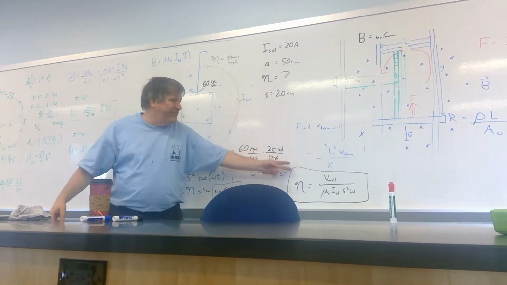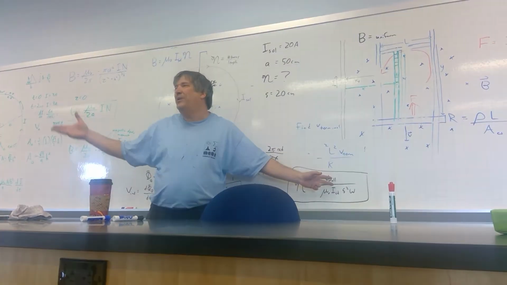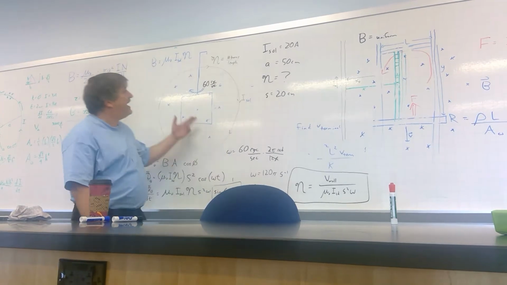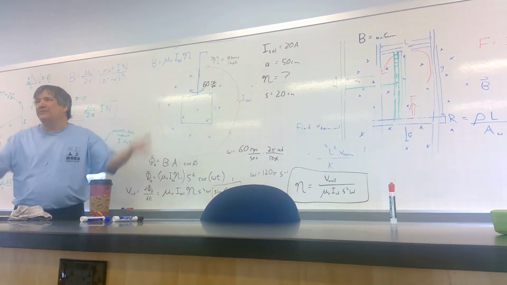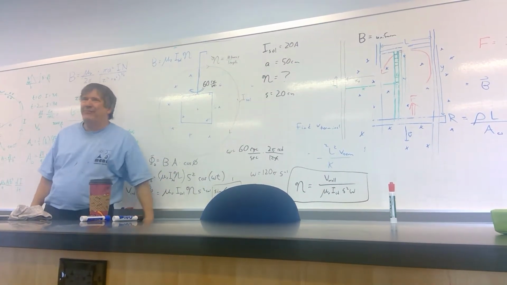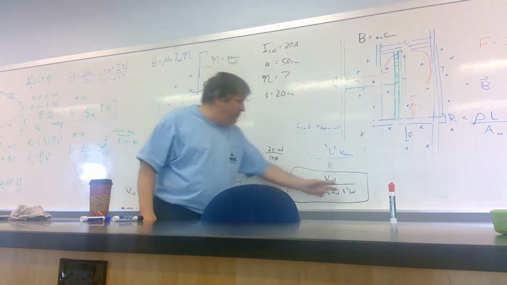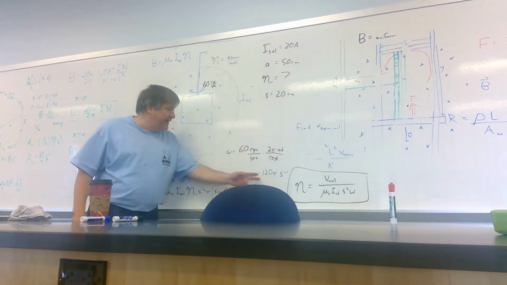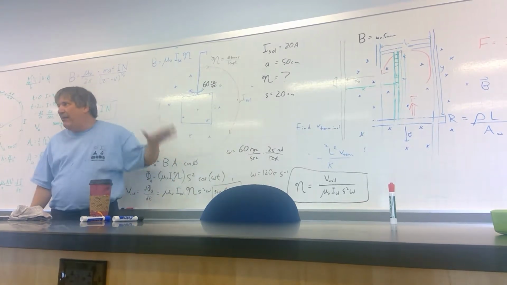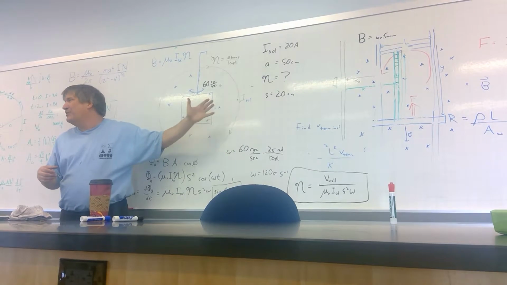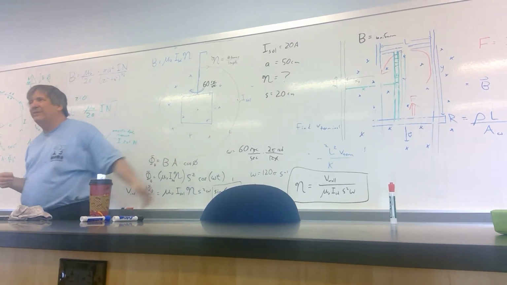So I've already got 100 million. The solenoid current was 20 amps, so now I'm down to 5 million. S squared was actually smaller than 1 square meter, so now I'm up a little bit again. I'm now probably at about back to about 100 million. Omega was about 300 cycles per second. Now I'm down below 1,000,000, but I still need several 100,000 turns per meter of wire on that solenoid.